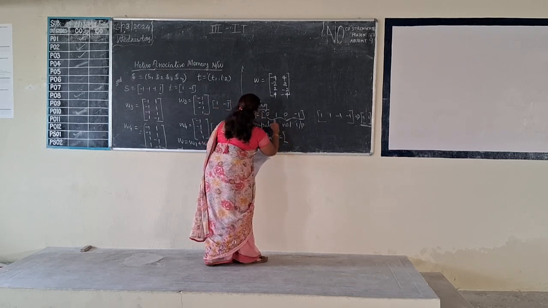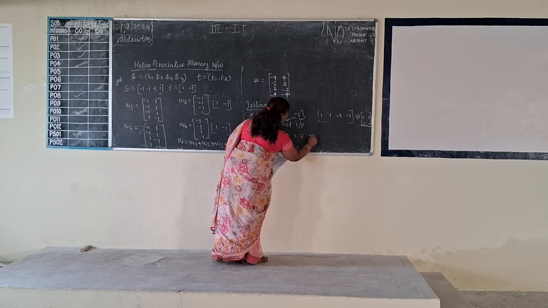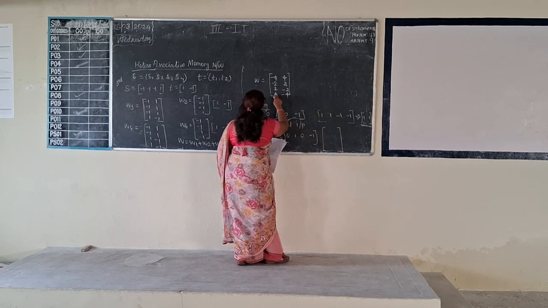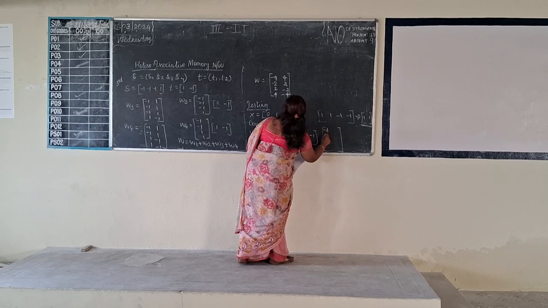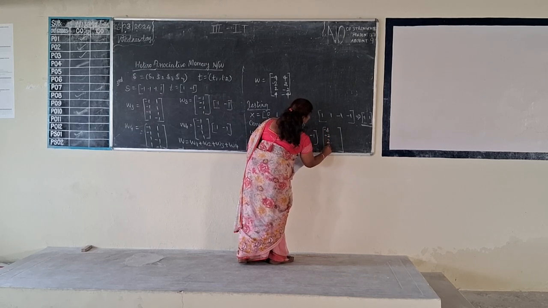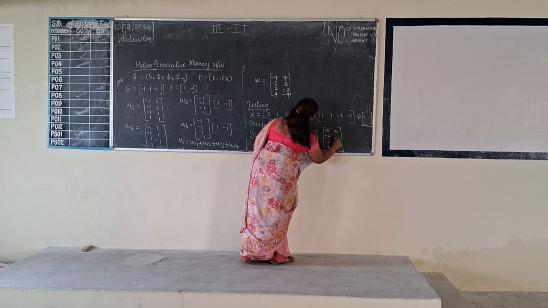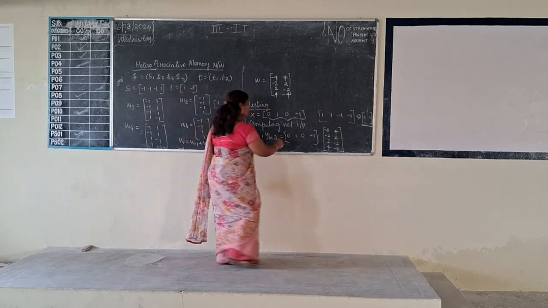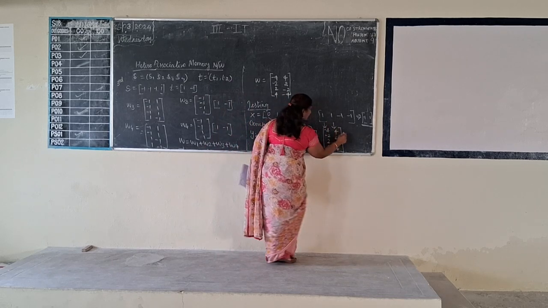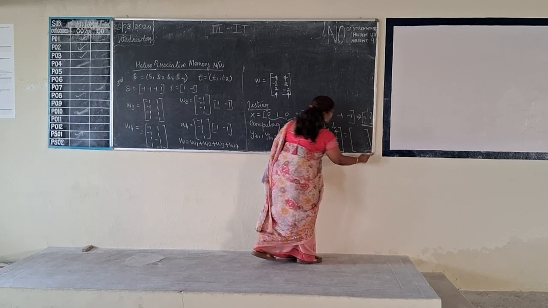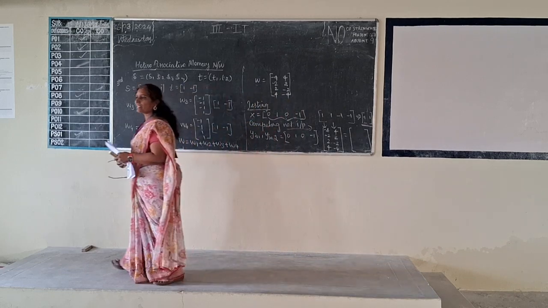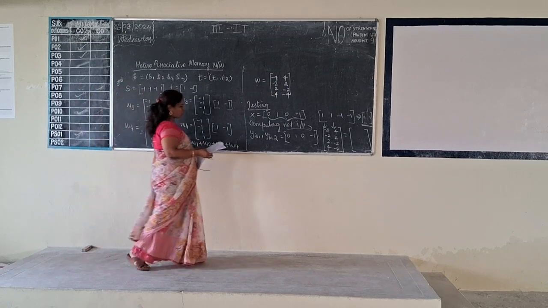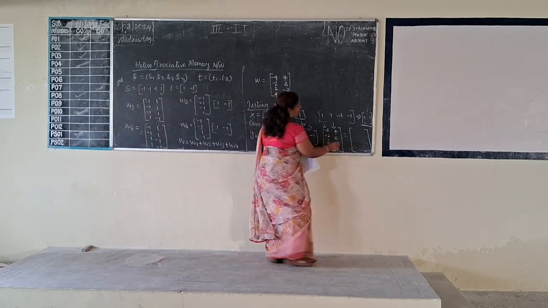I am going to check 0, 1, 0, minus 1 with the matrix minus 4, minus 2, 2, 4 and 4, 2, minus 2, minus 4. Multiply and give me the answer.